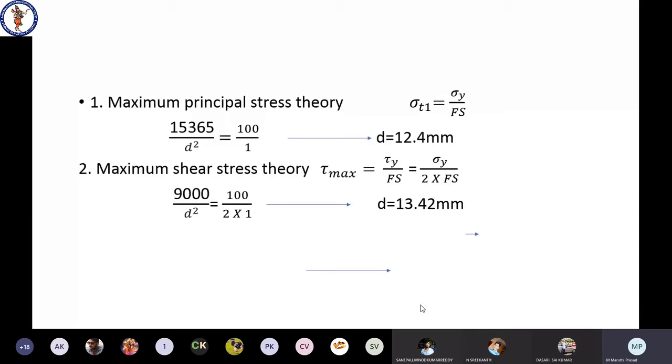Sigma y is 100, divided by 2 into a factor of safety of 1. Substitute the values, and you get the second value for the diameter of the bolt according to the maximum shear stress theory, that is D is equal to 13.42.